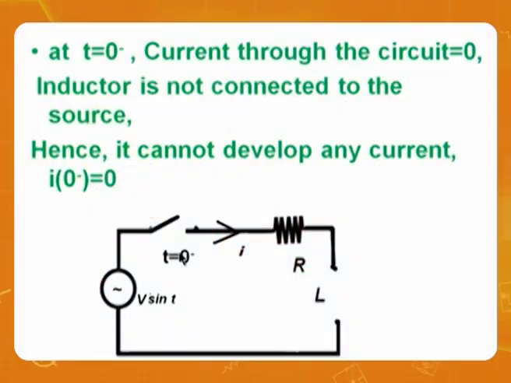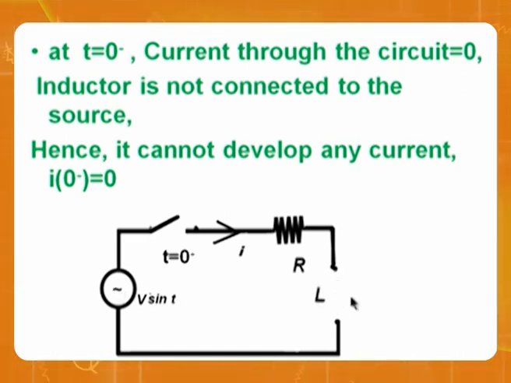Now let me take you to what to do. I will be doing two steps, t=0-, t=0+. First I am drawing a circuit for t=0-. What do you mean? Switch was open. When switch is open, this inductor is not connected to supply.